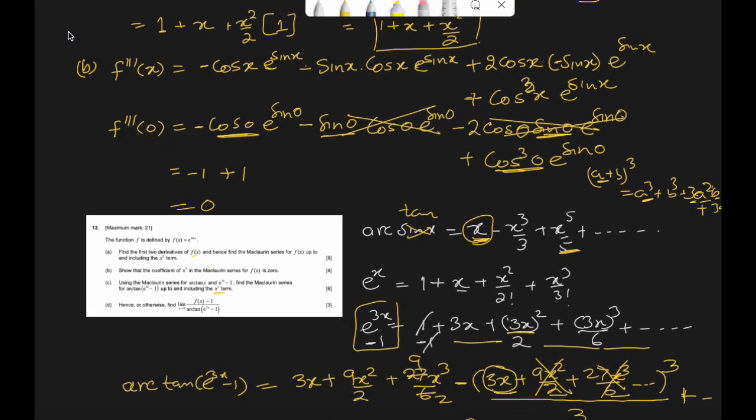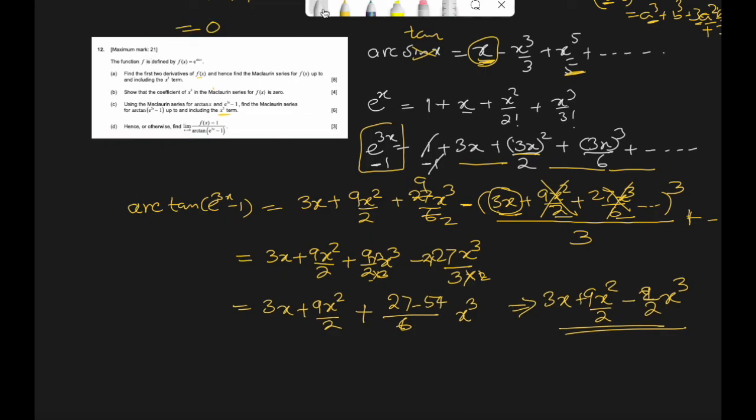So let me do the D part here. 1 plus x square over 2, and this is f(x) minus 1, so we will subtract 1 from this, and then we will divide by arctan x e to power 3x minus 1, which we got just now: 3x plus 9x square over 2 minus 9 over 2 x cube. And we have a limit here, x approaching 0.